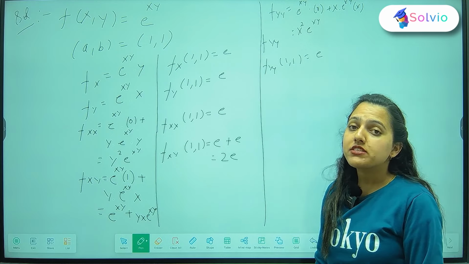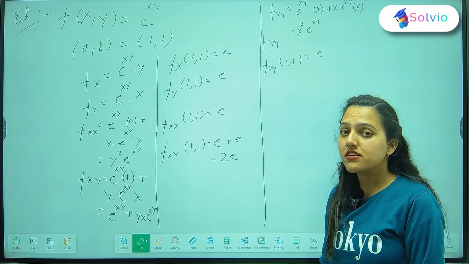Clear? Now we will substitute all these values in the Taylor series expansion.